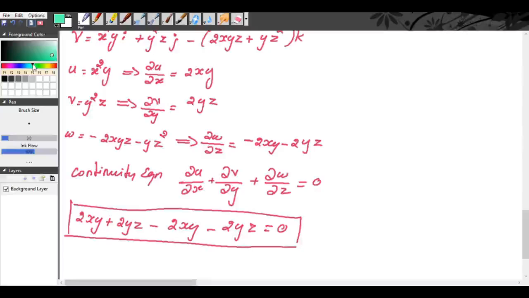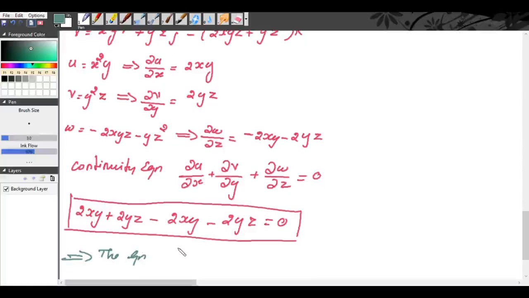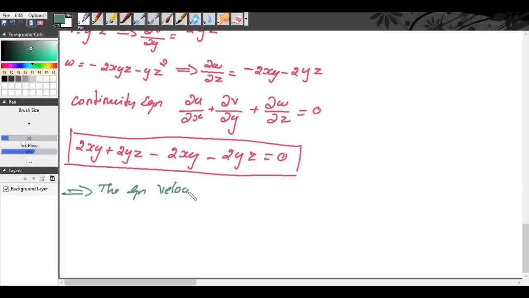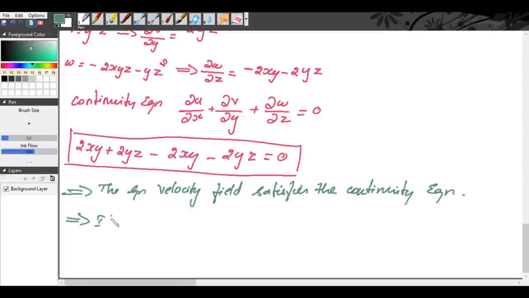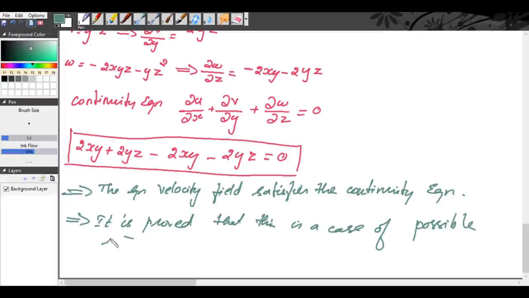This means the given velocity field satisfies the continuity equation. So it is proved that this is a case of possible steady incompressible fluid flow.